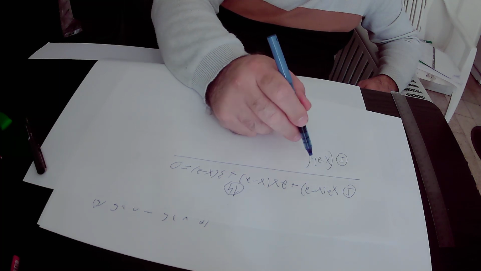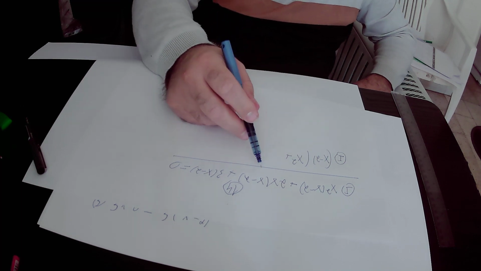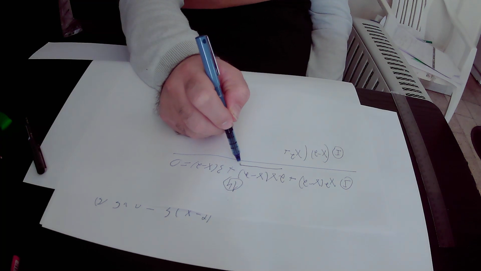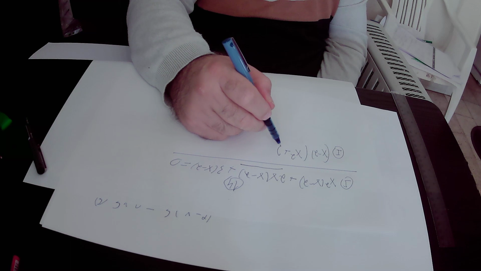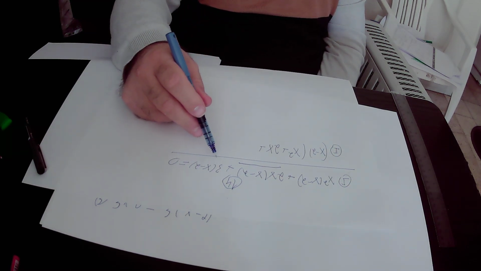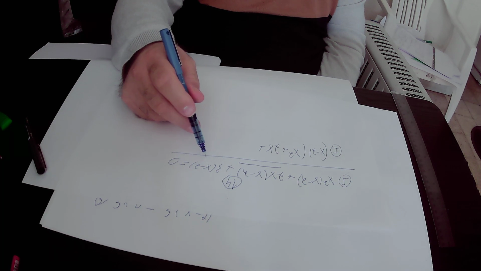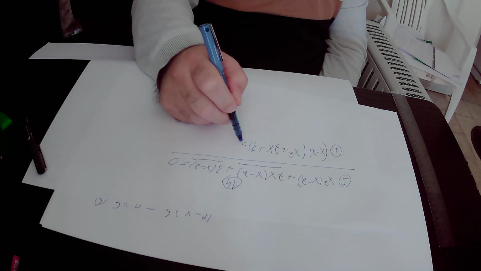It is actually x squared. And what is left from 2x times x minus 2? It is actually 2x. And what is left from expression number 3, 3 times x minus 2, after we took x minus 2 as a common factor? It is actually 3, and all equals 0.